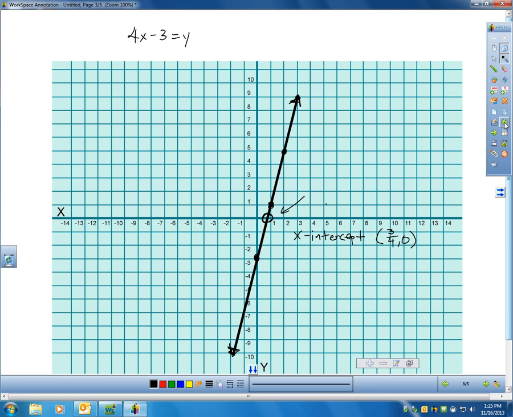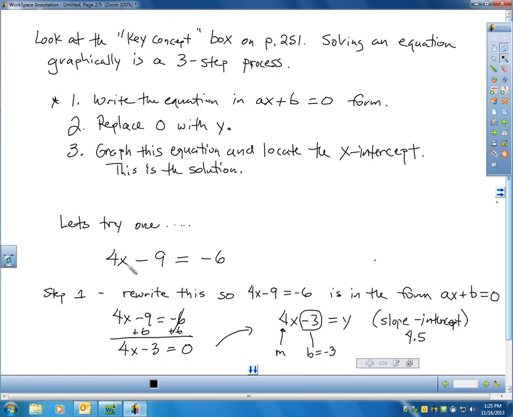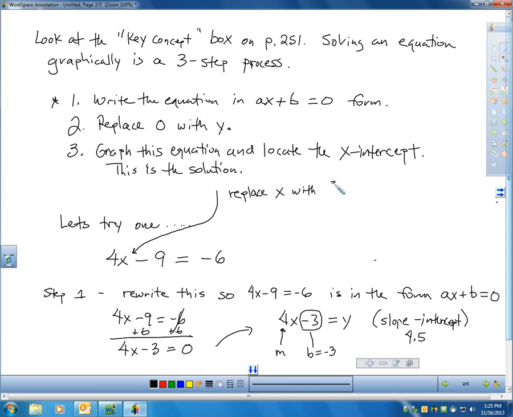Let's go back and see if that would actually work or if that's a solution. So let's try it. If I take my calculator and I replace x with 3/4, we can use our calculator. So we're going to take 4 times 3/4 minus 9, and we want to see, does that equal -6?